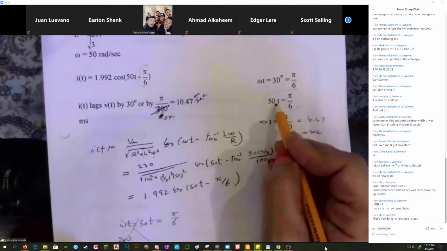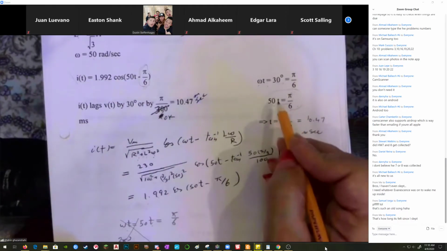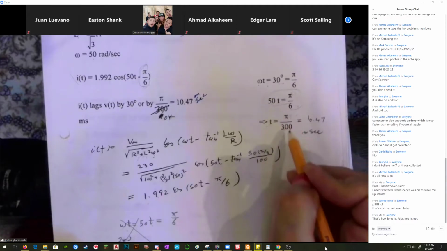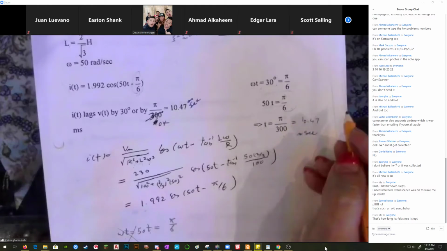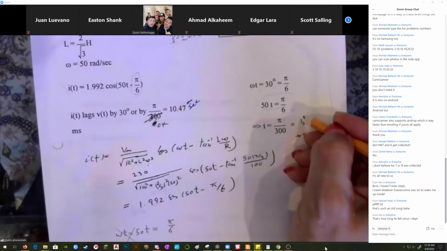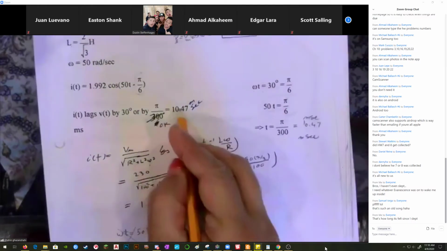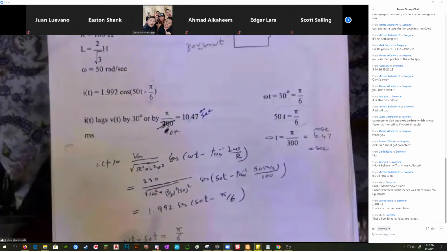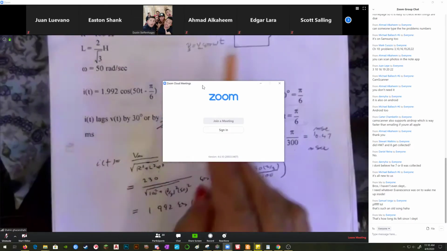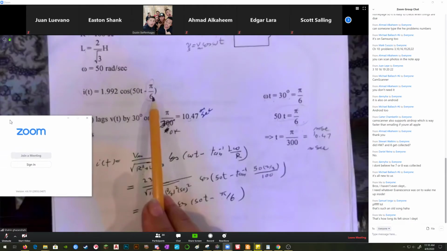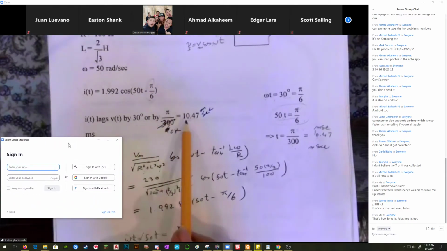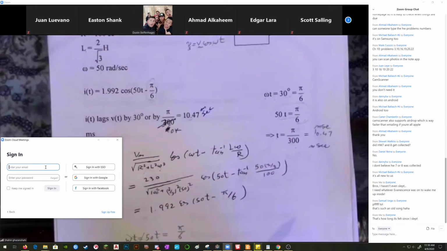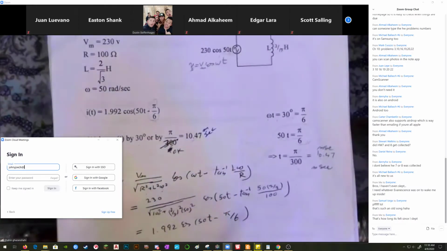You have omega t, pi over 6. So your t is pi over 300, or 10.47 milliseconds, which I got. Okay, so the phase angle difference between voltage and current, if they ask you, is 30 degrees or 10.47 milliseconds. Any question here?